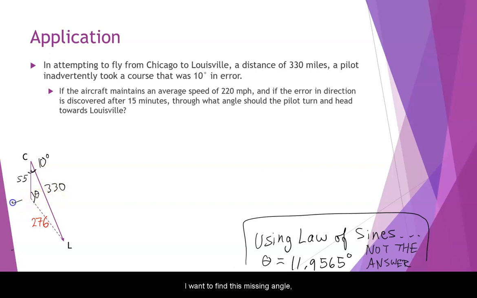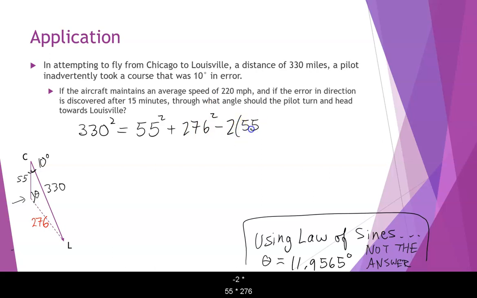I want to find this missing angle, which means I need to take the cosine of that angle. That means on the other side of our equal sign, we're going to start this with 330 squared equals the other two sides squared, 55 squared plus 276 squared minus 2 times 55 times 276 times the cosine of that angle theta.